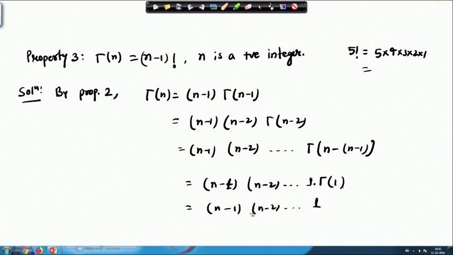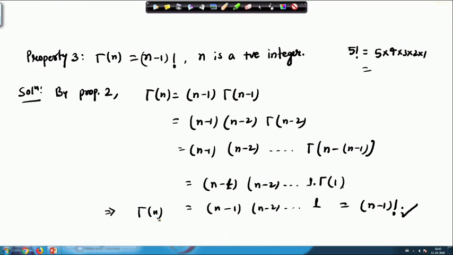So, you see we have basically n minus 1 times n minus 2 times n minus 3 up to 1, and therefore, this can be written as n minus 1 factorial, and this is what we needed to prove, that gamma n equals to n minus 1 factorial, right. So, we can see that this gamma n follows this kind of formula n minus 1 factorial.